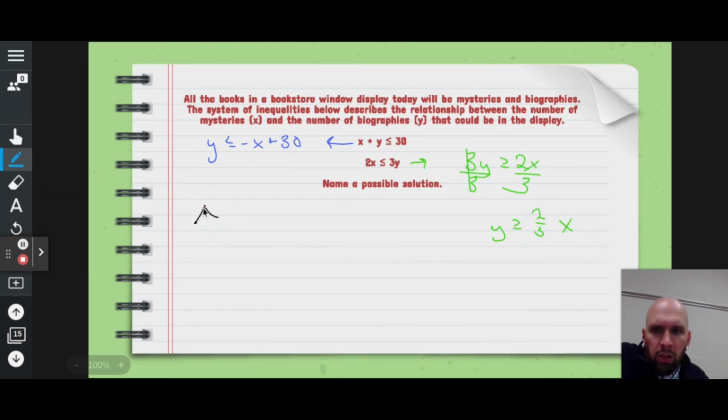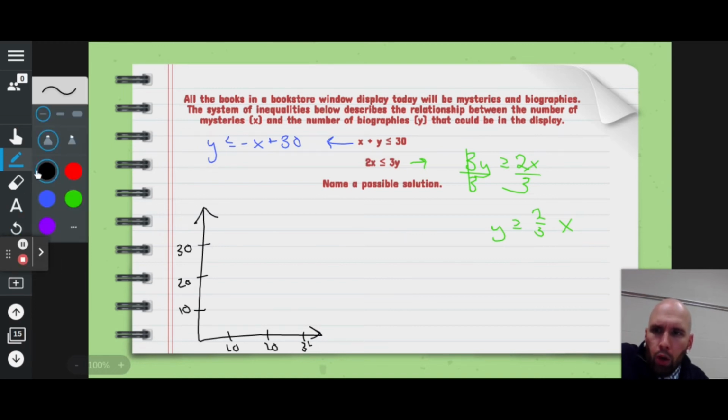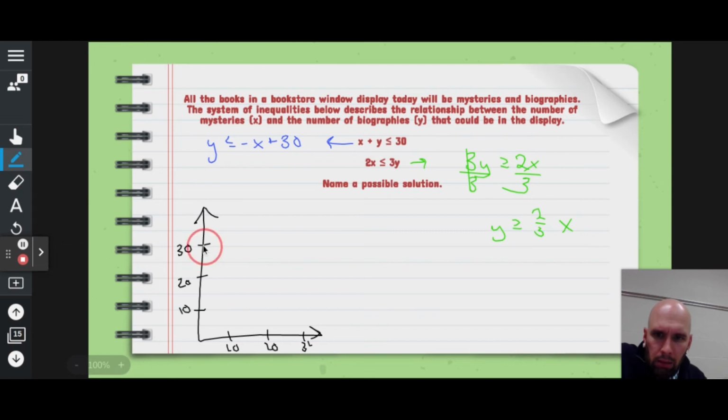And since this is a real-life problem, I only care about the first quadrant. I'm going to go up 10, 20, 30. We'll do the same thing here, 10, 20, 30. y is less than or equal to negative x plus 30 is going to look like this line right here.